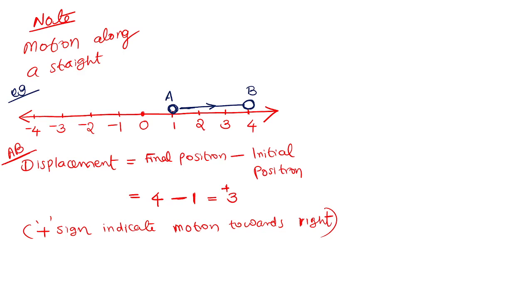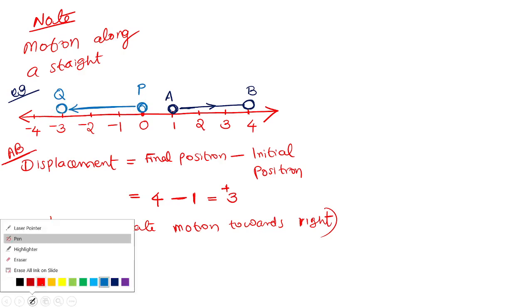Let me give you another example. There is a body, suppose it is here at O. Let it be P. It has got a displacement and finally reaches -3. There are questions in the exercise, that is why I am discussing this. A body initially at P has moved towards left and Q is the final position.